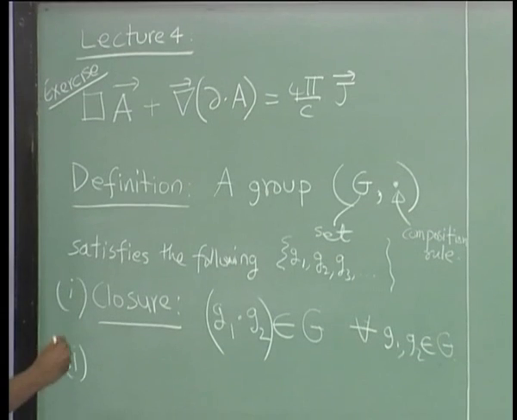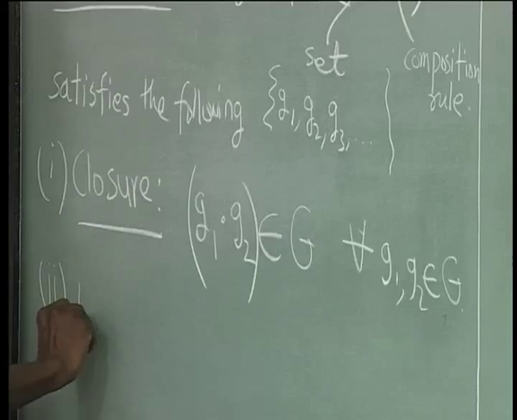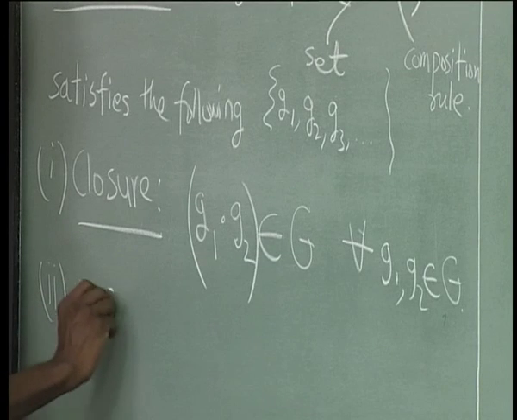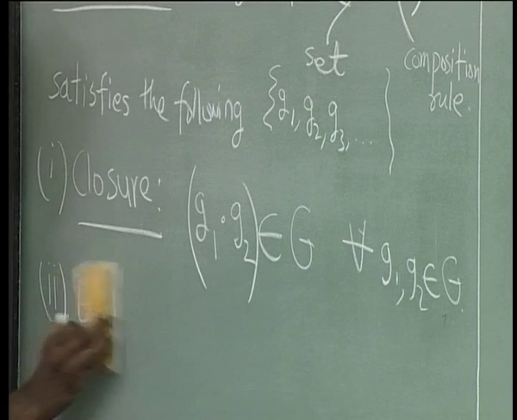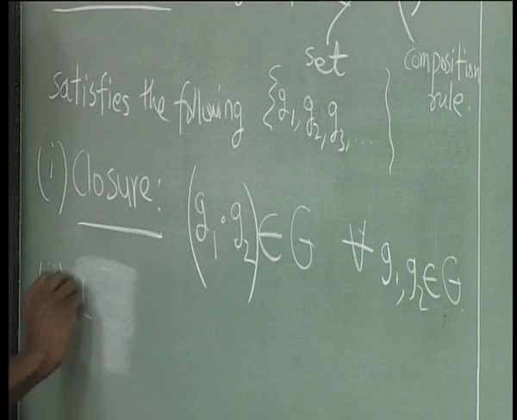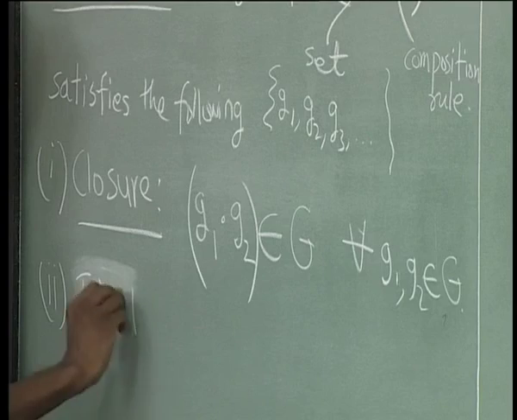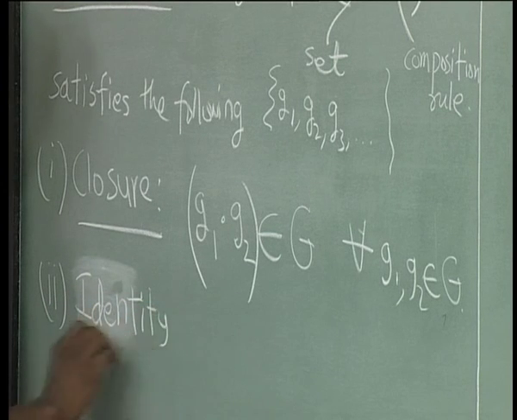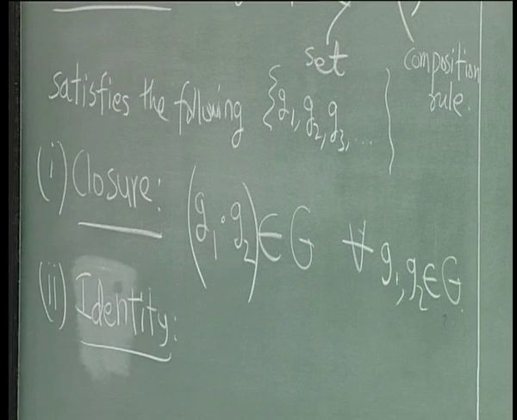Second is the existence of an identity. Let us just call it identity. So, there is a special element.